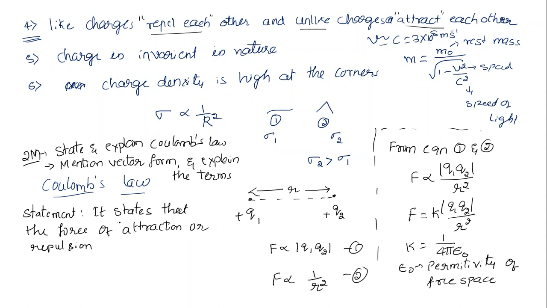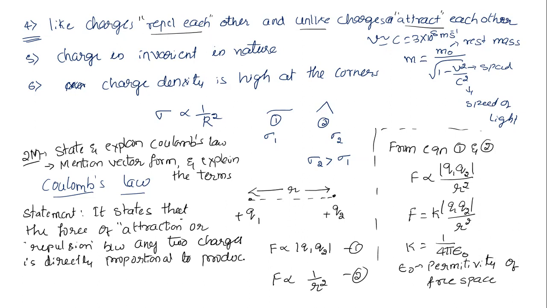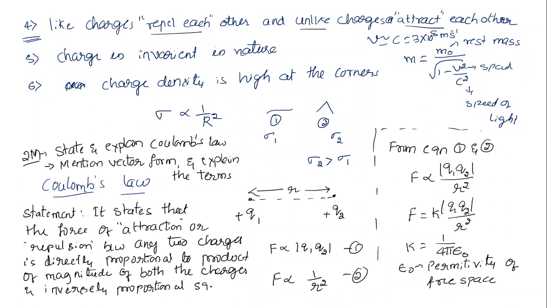That's the reason I use both words. So the force of attraction or repulsion between any two charges is directly proportional to the product of the magnitudes of both the charges and inversely proportional to the square of the distance between them.